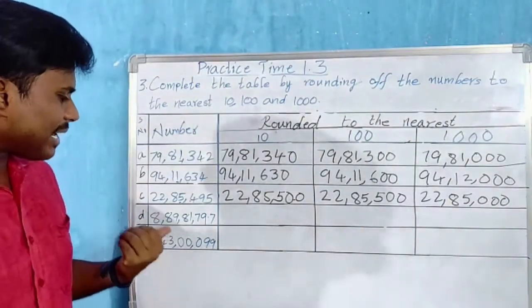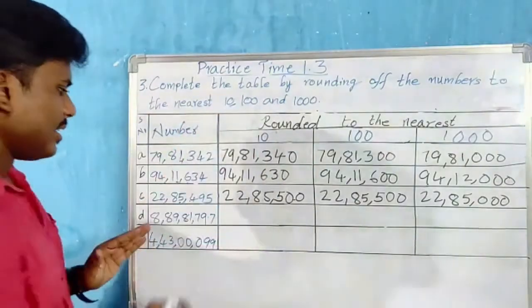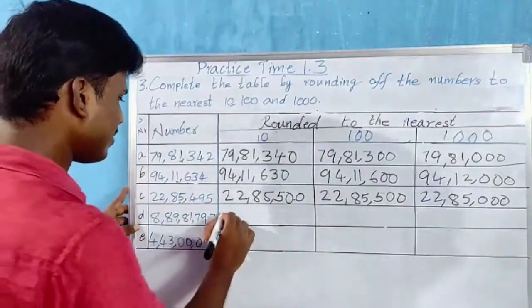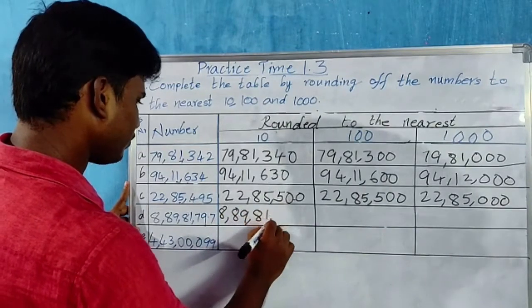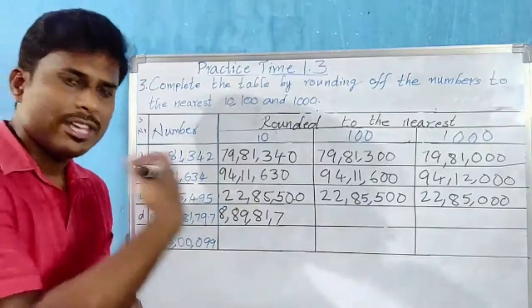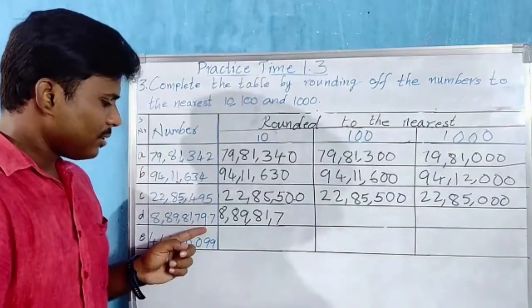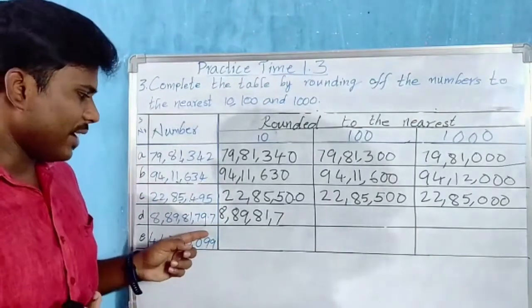8 crore 89 lakh 81,797. Nearest to 10. As we need only the last 2 places, let us write all the left side digits. Now 9 and 7. On the immediate right side of the tens place we have 7. 5 to 9, climb up the vine.